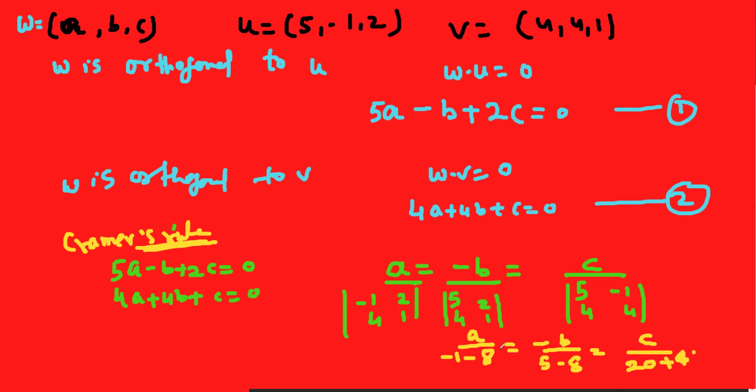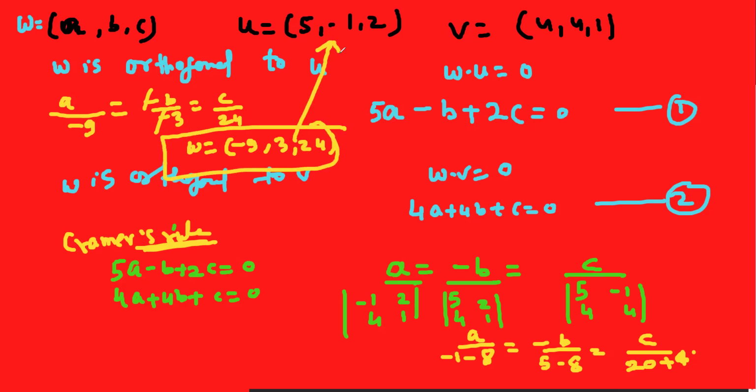So you will get minus 9, minus 3, 24. Minus minus cancels. W will be minus 9, 3 and 24. This is the vector. When you multiply with U, you will get 0, and when you multiply with V, it will be 0. If they give 0, it means they are orthogonal to each vector, right?